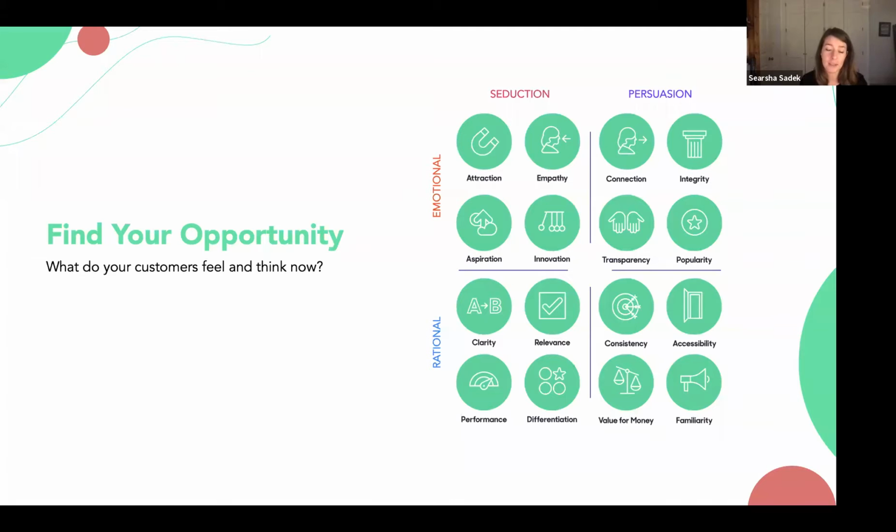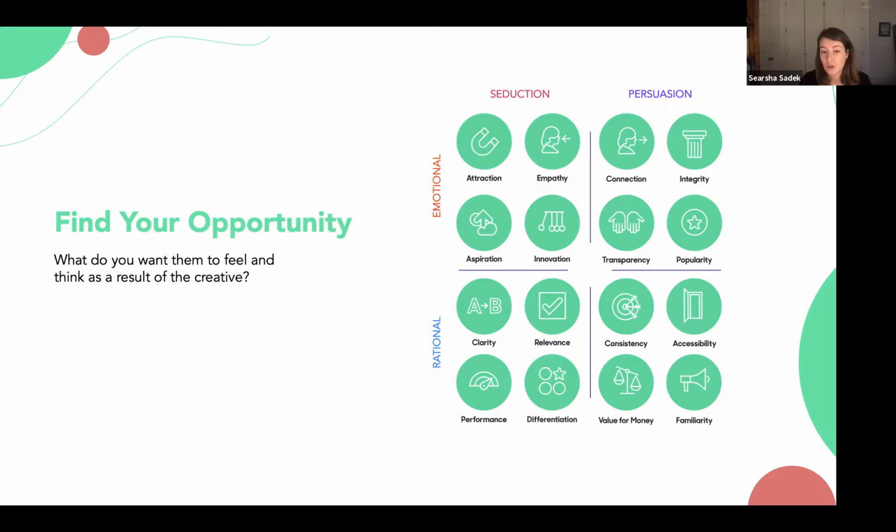And lots of brands that we see that are starting up tend to be more rational than emotional. If you look at the 16 drivers here that we use at ProQuo, the bottom 8 are rational and the top are emotional. So as the owner of that brand, I then start to think, right, where is the space for my brand to be different? How do I want to really change the way they think?